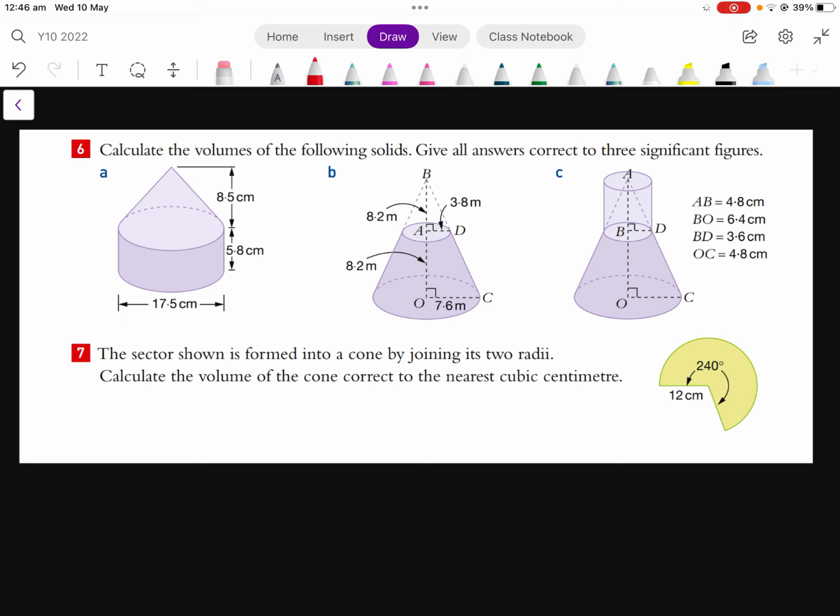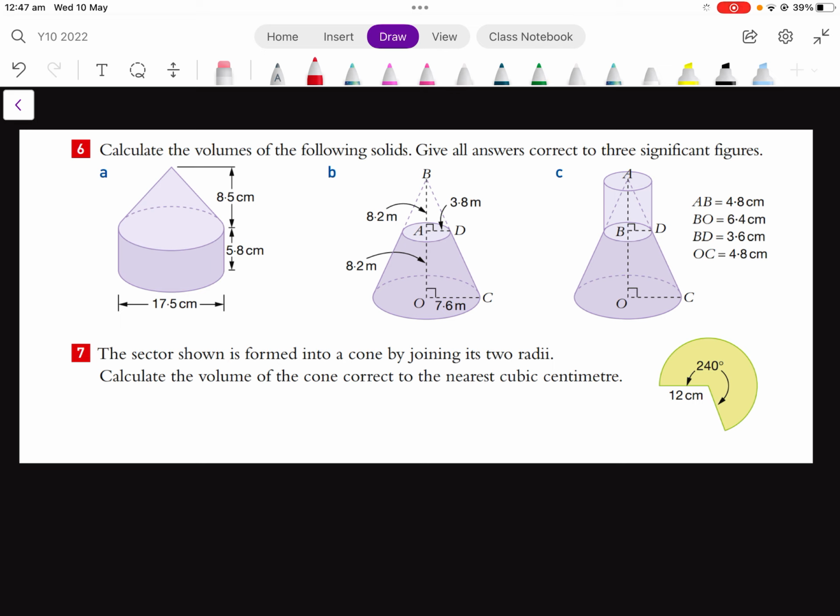Add that volume to the volume of this cylinder with a diameter of 17.5 and a height of 5.8. Okay, in this case I can find the whole volume of the complete cone, and then I can find the missing cone and subtract it from the bigger volume. That should give me the volume of the truncated cone.